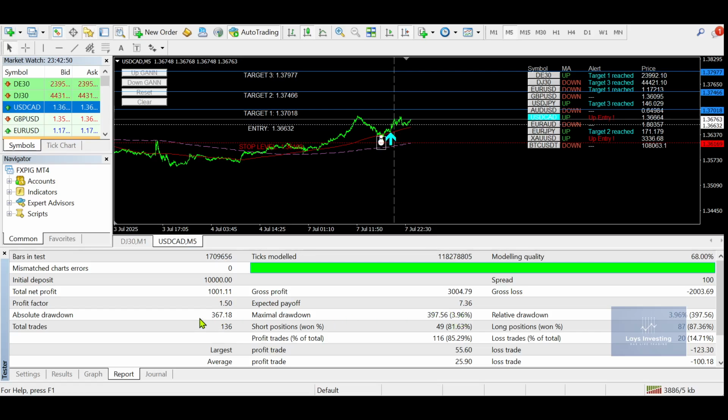For those who are using prop firms, some prop firms use the dynamic one, and some use the fixed one. For example, Audi City Capital prop firm uses a fixed one, which means if I start at 10,000, my balance should not go below 9,000, otherwise my account will be closed.